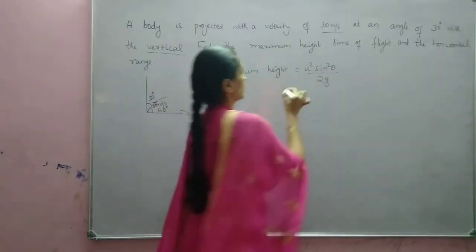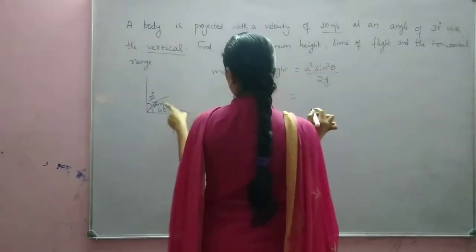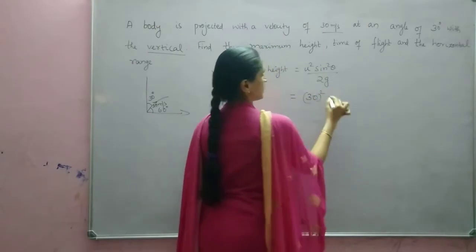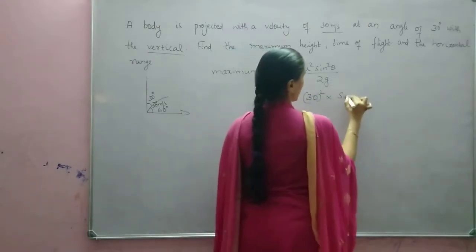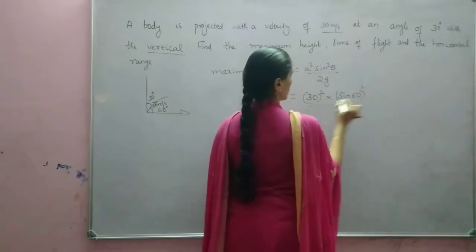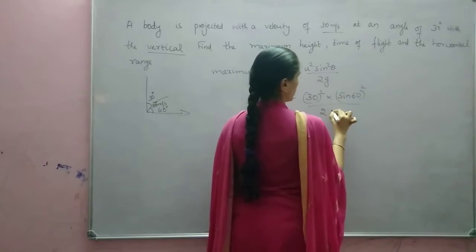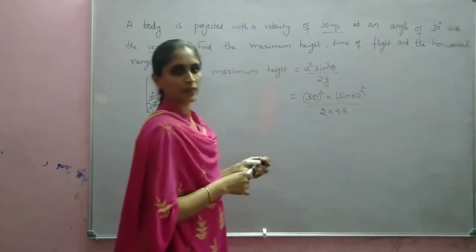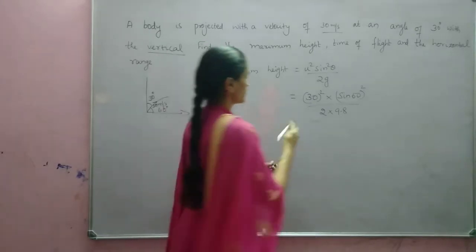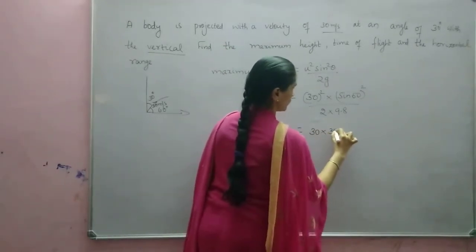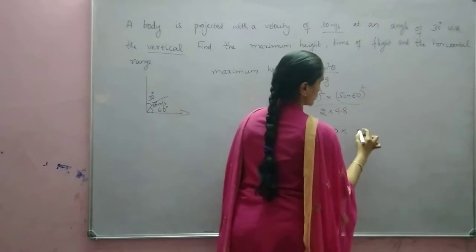What is the value of u? U is given 30. So 30 square, sin square theta, sin 60 the whole square, divided by 2 into 9.8. You can substitute here 30 into 30 into sin 60, which is root 3 by 2.